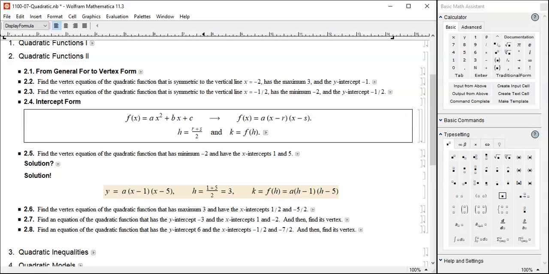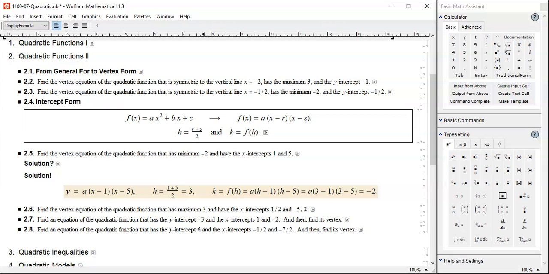But wait a minute, what is h? H is 3, isn't it? Oh, never mind, I'll just take one extra step. 3 minus 1, 3 minus 5. And the k value in this problem is -2.